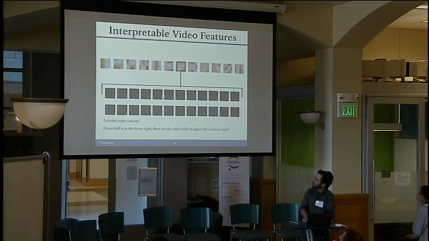But if you zoom in, kind of look at which frames either maximally or minimally activate this particular output of the network, you see it's encoding a very interpretable feature, which is either all of the balls being down in one corner or one ball being in the corner and the two other balls being in the other corner. So I think this shows really the advantage of imposing this ordering on the eigenfunctions, because the individual dimensions of this embedding actually have some, arguably, interpretability to them.